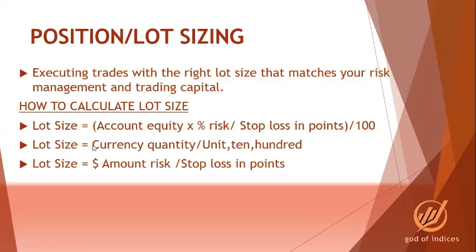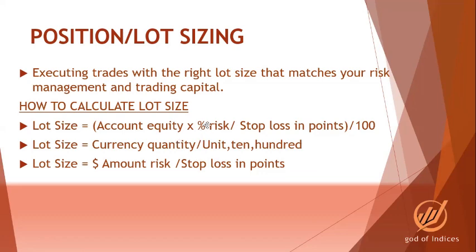When you put your lot size, it tells you the amount of currency you are buying. Remember in our beginner class, we talked about micro lots being 1,000 units, mini lots being 10,000 units, and a standard lot being 100,000 units, right? So that was the currency quantity.